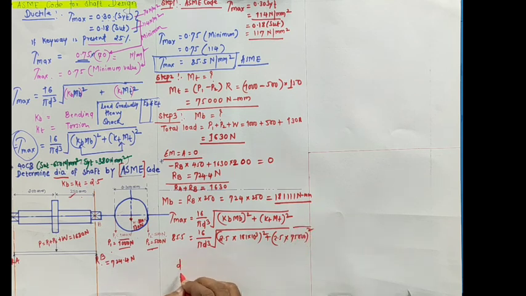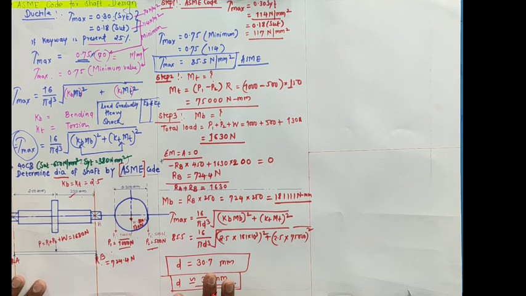After calculating, the unknown is only d, so just try to calculate with me. The diameter of the shaft in this case is 30.7. As I told you, the diameter of the shaft will be nearly 35 mm, which is suitable for designing for the given conditions.